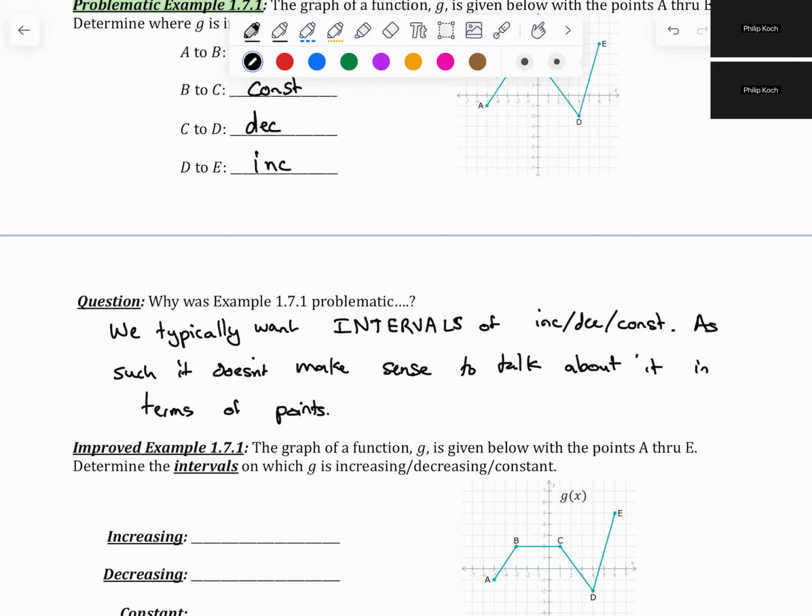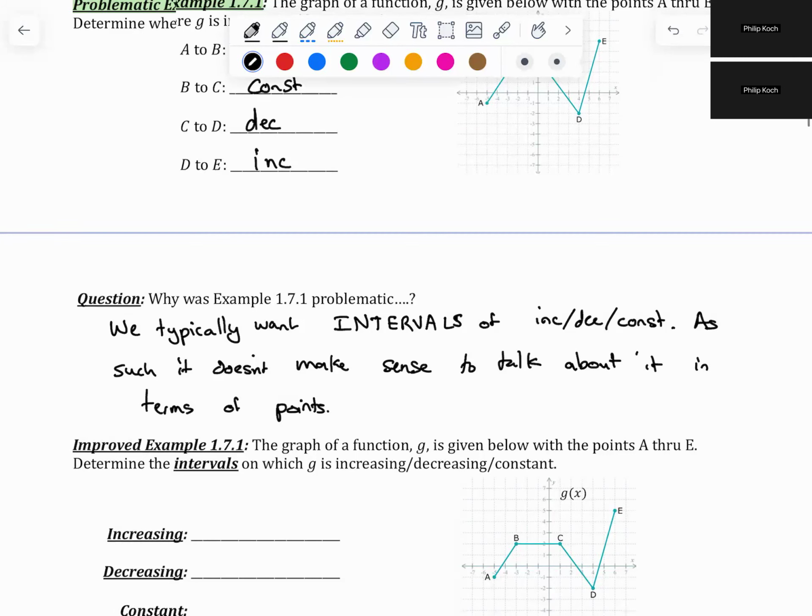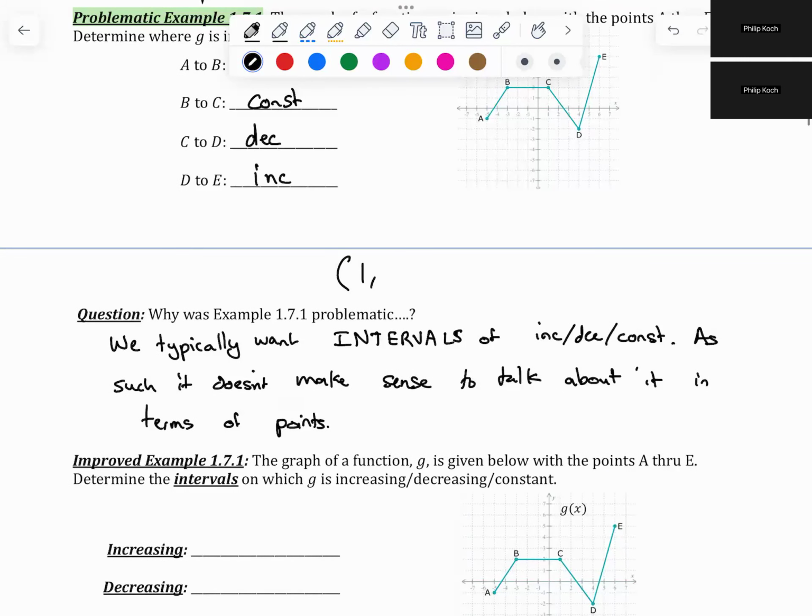Additionally, one of the big problems with mathematics, in my opinion, especially pre-calculus, like 100 level math courses, because it's still when you're learning this stuff: without context, what is this? Is that a point or is that an interval?